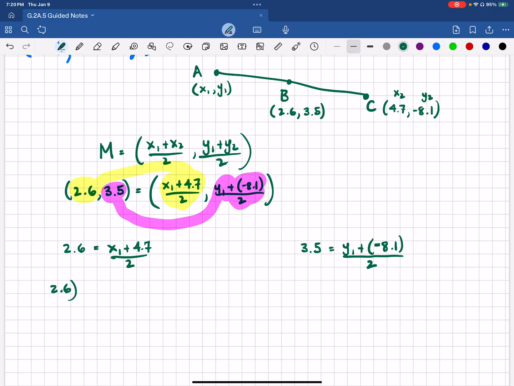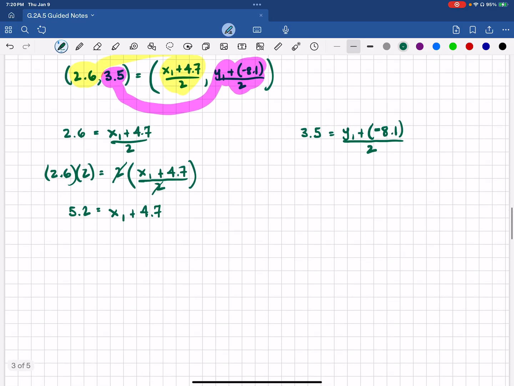So I'm going to go 2.6 times 2 is going to be equal to 2 times x1 plus 4.7 divided by 2. So I know that 2.6 times 2 is 5.2. The 2's cross out here. I get x1 plus 4.7. I want to get these x1's by themselves. So I'm going to have to subtract 4.7 from the right and 4.7 from the left.